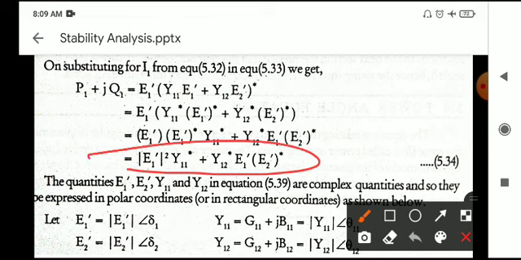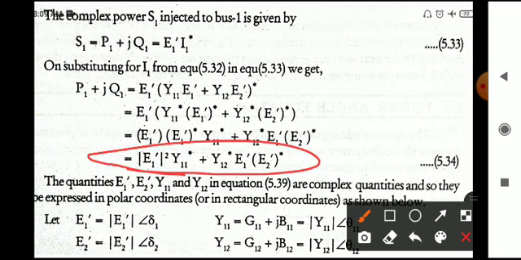So P1 plus jQ1 can be written as in the previous equation: E1' square into Y11 conjugate. Instead of Y11 we substitute this equation, and also for E1' and E2' we substitute the equations.